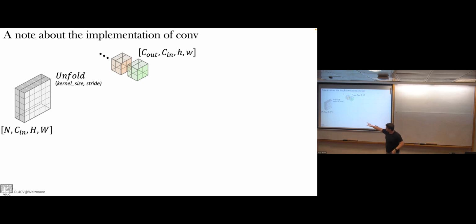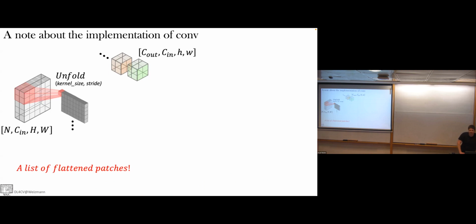So when I have n, c_in, h, w, and I apply unfold, providing the kernel size and the stride, it simply means every window that looks like this is going to become this vector. But I'm going to have many of these windows, so I'm going to have this list of flattened patches. Is this okay? Are we good?